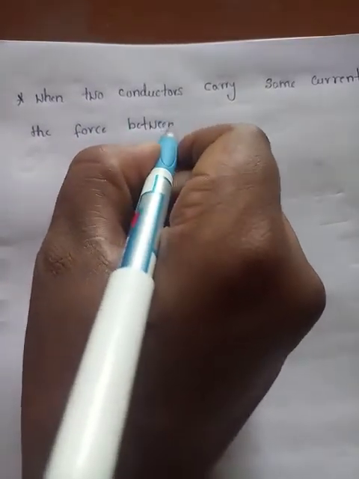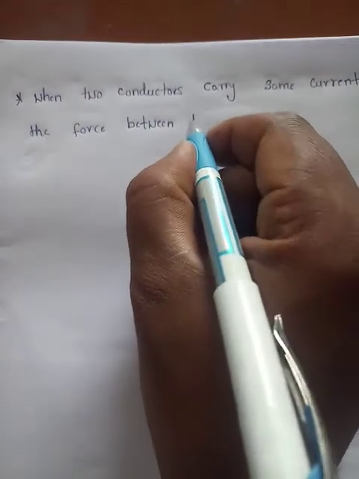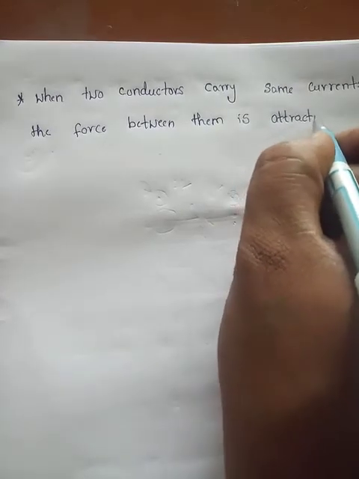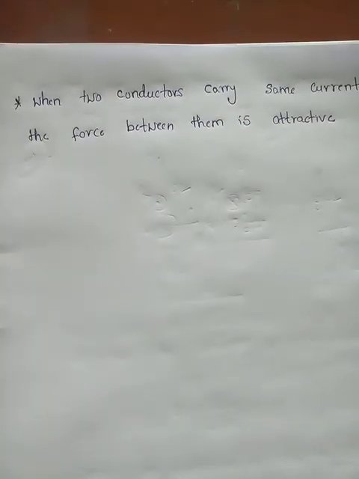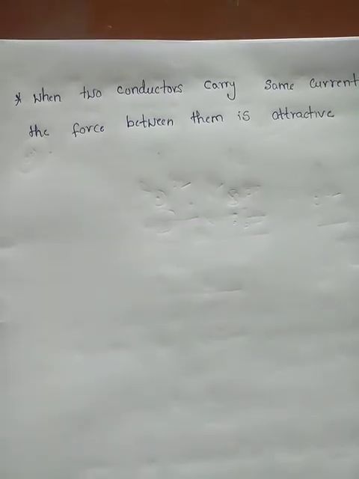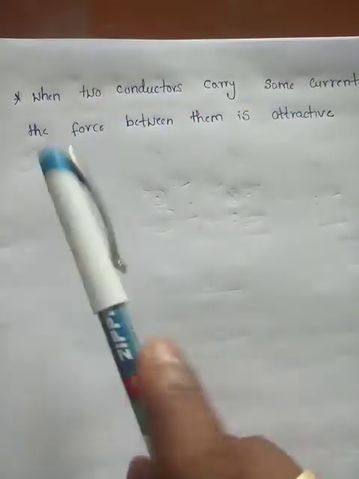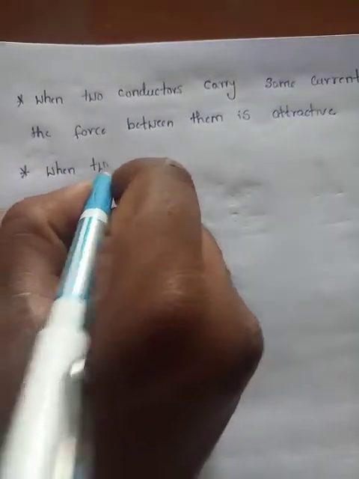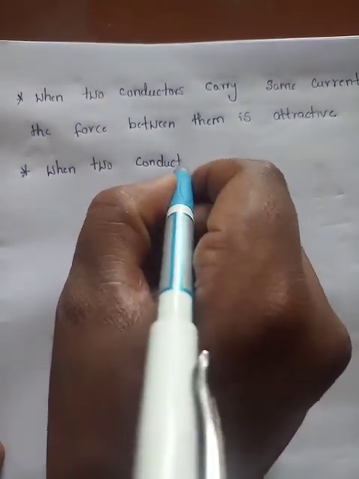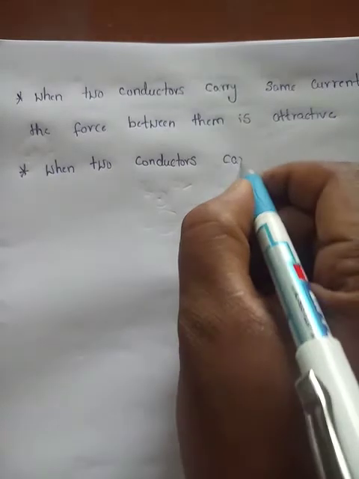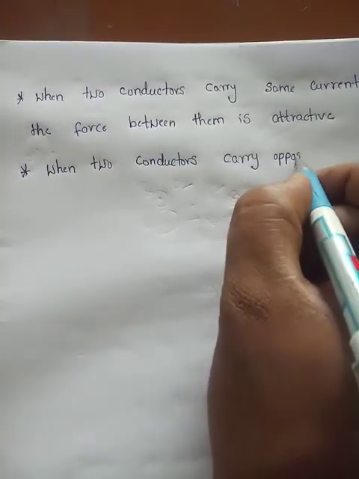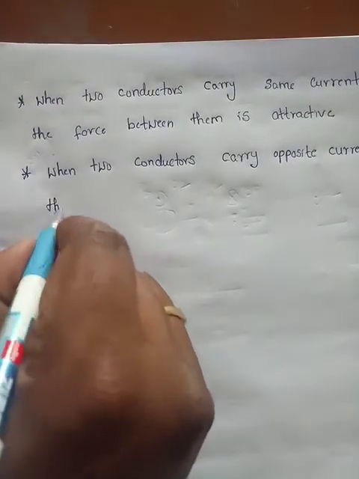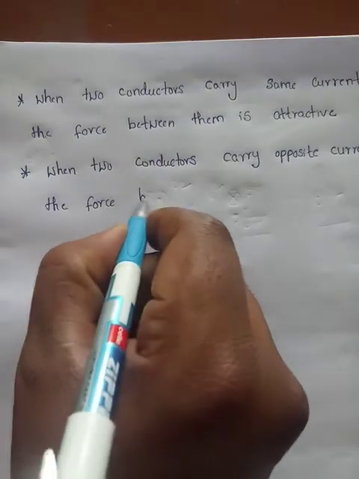Till now in physics we learned that like charges repel, but here it comes in reverse, because both produce magnetic fields, one out of the plane and one into the plane, so they attract each other. And the second one: when two conductors carry opposite currents, the force between them is repulsive.